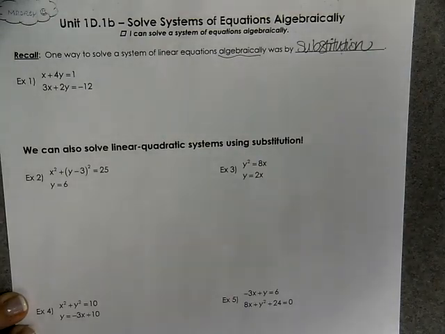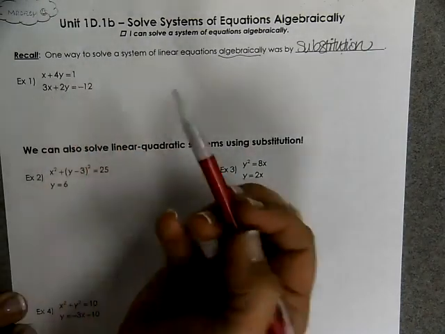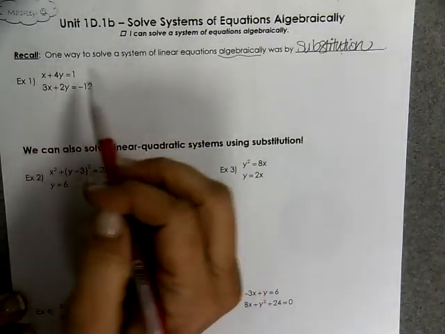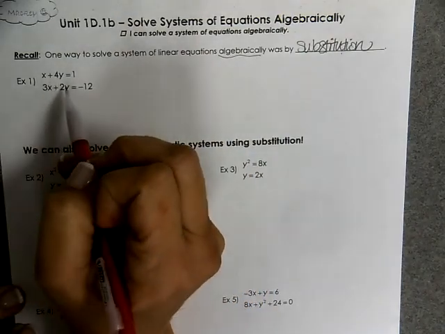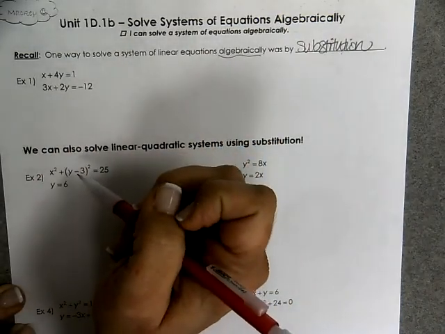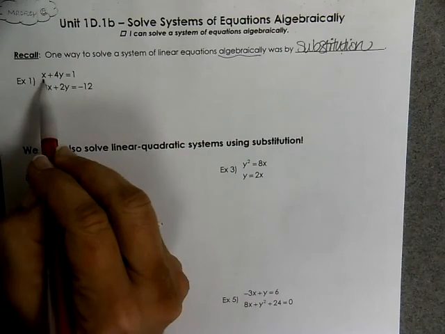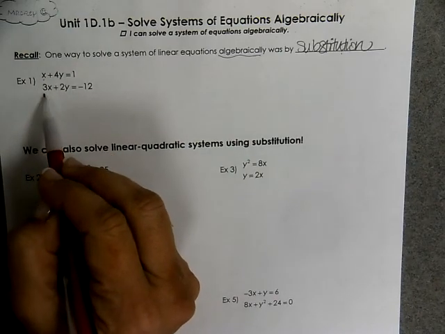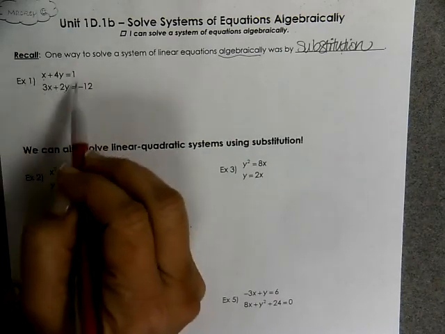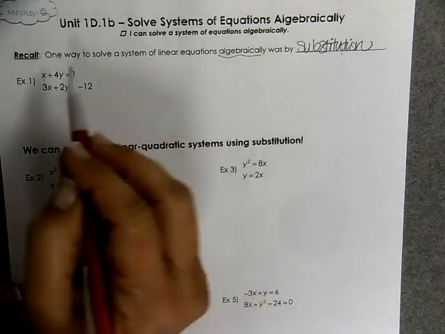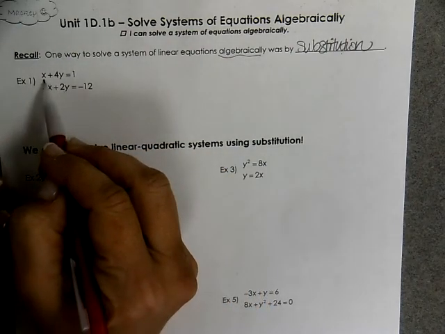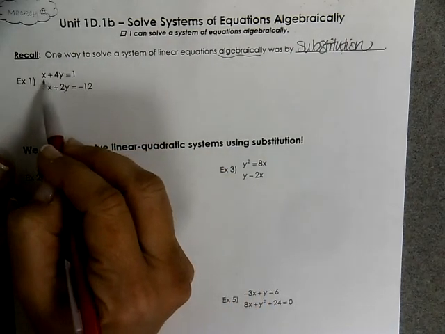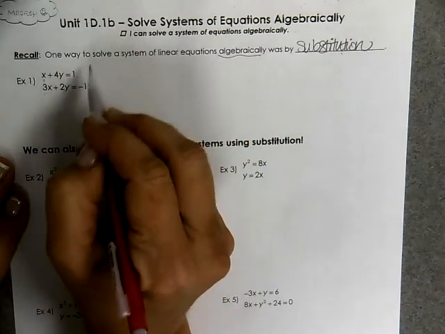So when we substitute, we want to pick one equation to simplify, well, I guess just to rewrite so that one variable is isolated. I see I have an x, a 4y, a 3x, and a 2y. And in observing these different variables, it's going to be very easy for me to isolate that x because our coefficient is 1.